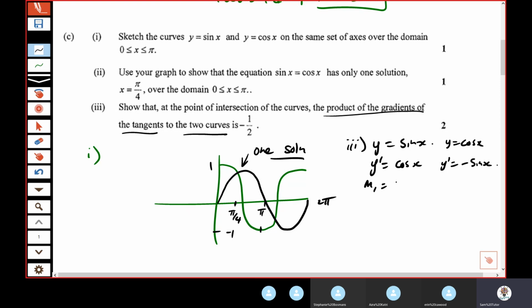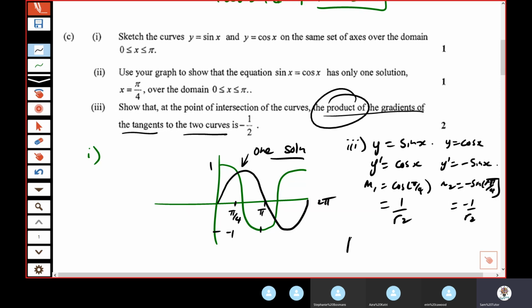Let's call it m1 equals cos pi on 4, m2 equals negative sine pi on 4. This should give you 1 on root 2, and negative 1 on root 2. And what did you want to prove? The product of the gradients. So m1 times m2 equals negative 1 over 2.